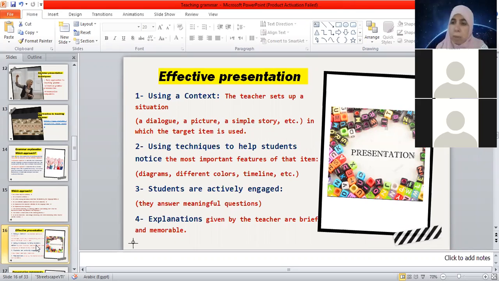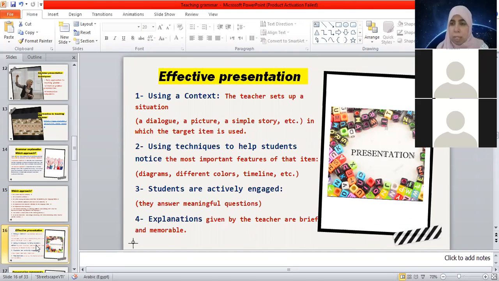Through this lesson, we can find the grammar structure or the grammar item, so I can use the textbook as a context. We don't have to prepare a context outside the textbooks every time. We can use the textbooks themselves.